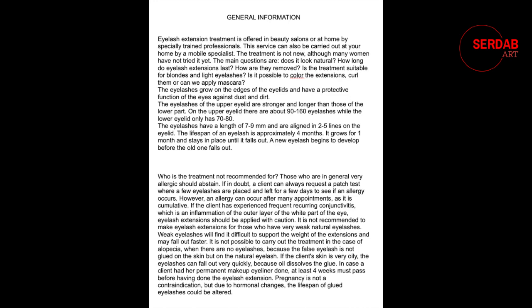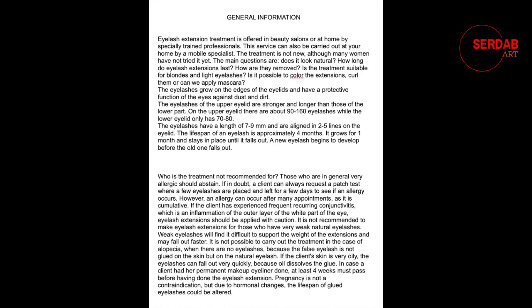Normally, a person will have, let's say, around 150 eyelashes on one eye, but this is very individual. Some clients will want exact answers. How many eyelashes do you put? Well, you can count, but it's very individual. On the lower eyelid, there are fewer lashes than on the upper one.